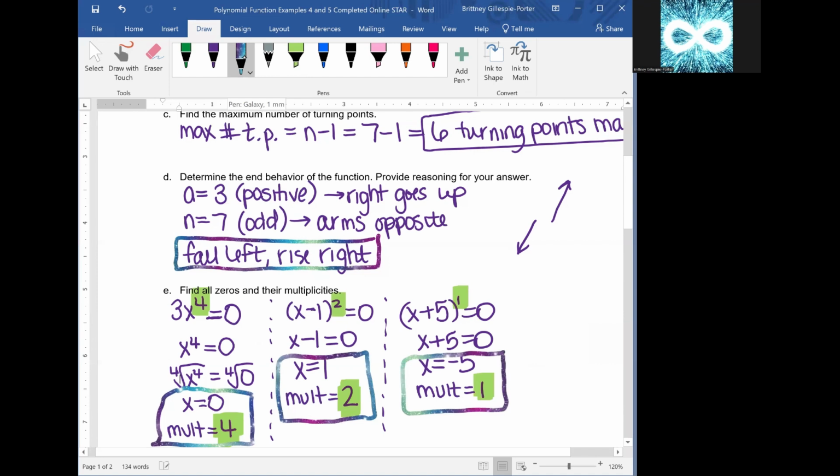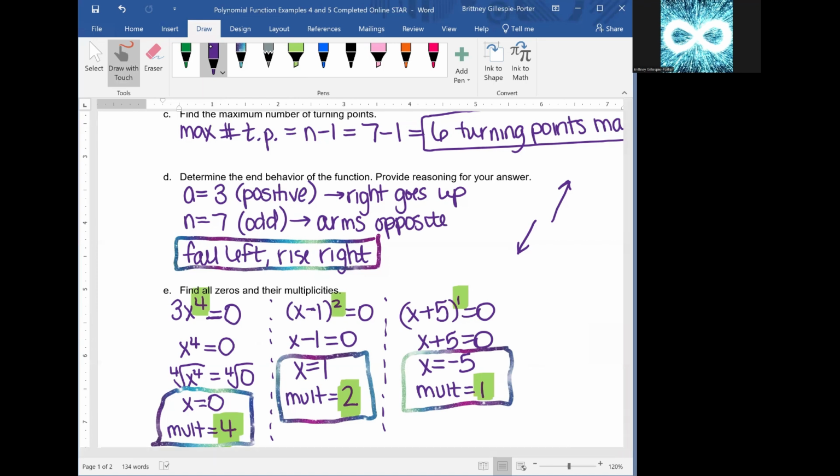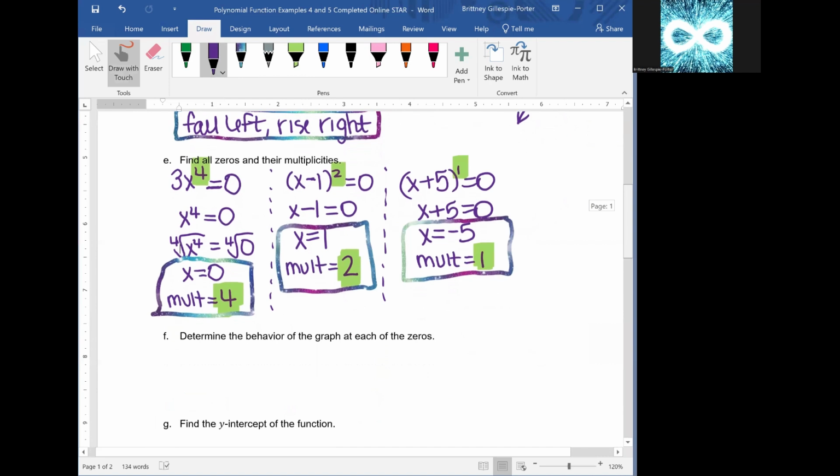And if you add up all of our multiplicities, 4 plus 2 plus 1 gets us 7, which means that we found all of the x-intercepts. We have 3 distinct or separate x-intercepts, and then the multiplicities, how many times we see them, makes up our degree.